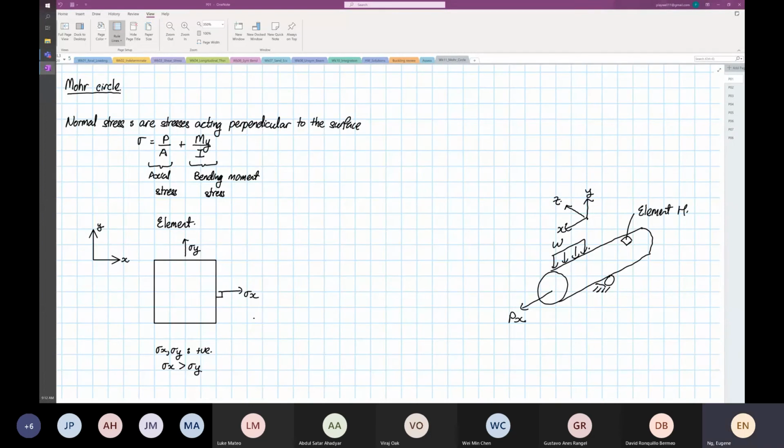So if we look at the plan view of element H, it's still not clear what an element is. An element is a place of interest.